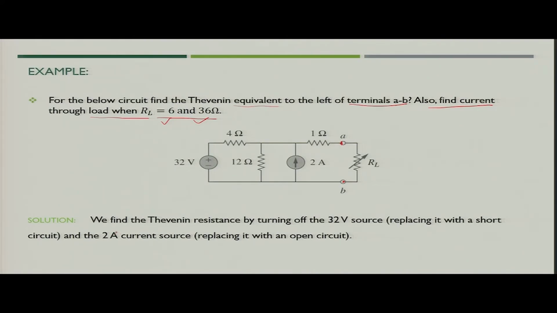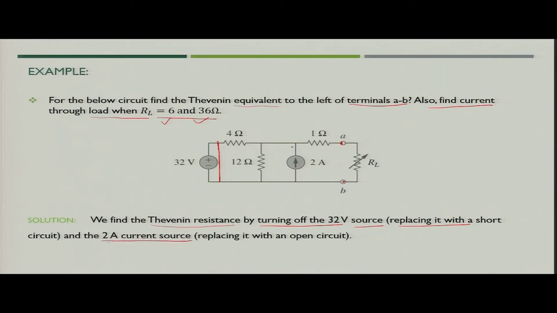Now, how will we do it? We find the Thevenin resistance by turning off the 32 volt source. When you turn off the voltage source, it will become short circuited, and we have another source, which is the current source, that is the 2 ampere current source.